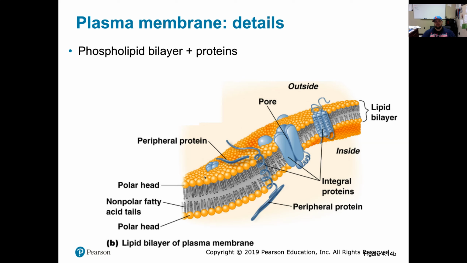But the point here is just to show you that the cell membrane, or plasma membrane, has not just phospholipids, it also has proteins embedded. Also, it'll have some lipids embedded as well.